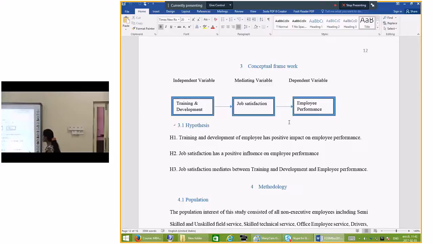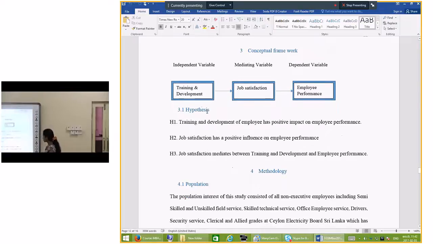But in your topic, you have training and development and employee performance. There's no mediating variable, job satisfaction. How do you assess the training and development variables? How do you assess the independent variables?